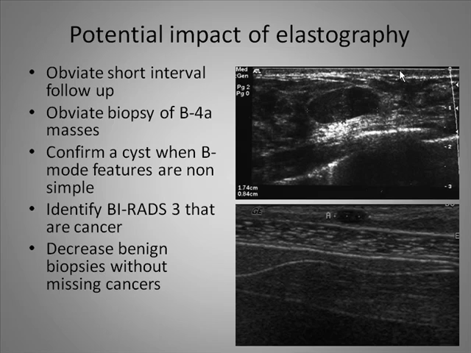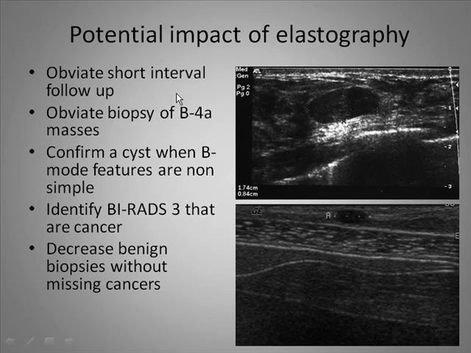The potential impact of elastography would be to increase the accuracy of our assessments, to decrease benign biopsies without missing cancers. And it could do that by potentially even obviating short interval follow-up of probably benign lesions, but also identifying within that category of probably benign lesions those that are actually malignant.